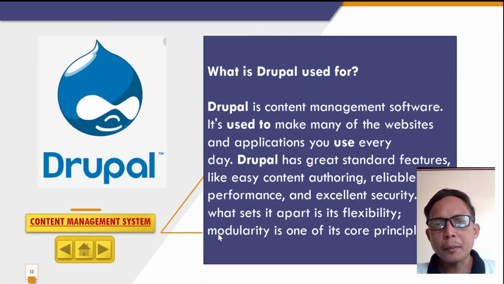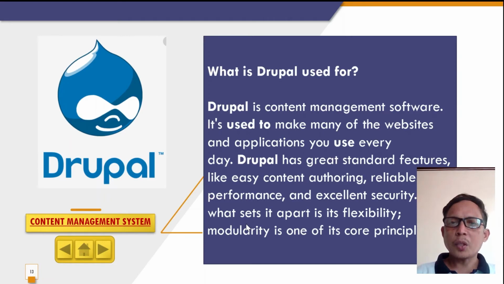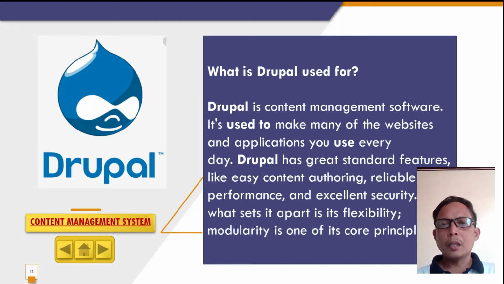Next is Drupal. This Drupal is also content management software used to make many of the websites and applications you use every day. Drupal has great standard features, for example easy content authoring, reliable performance, and excellent security.